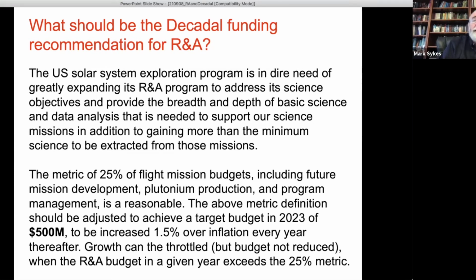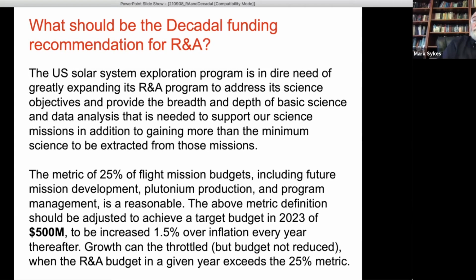And to do that, we need well-funded mission science teams, but we also need a real vibrant RNA program. And so I would say that we should keep to the 25% of the flight mission budgets, including mission development. You can define it however you want. The target that I would propose starting in 2023 is $500 million, which is substantially more than is being funded today.